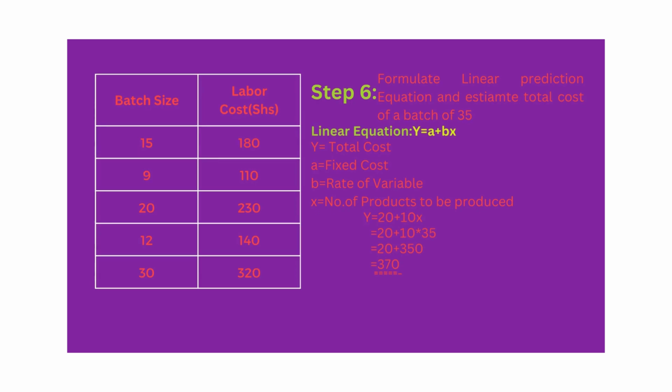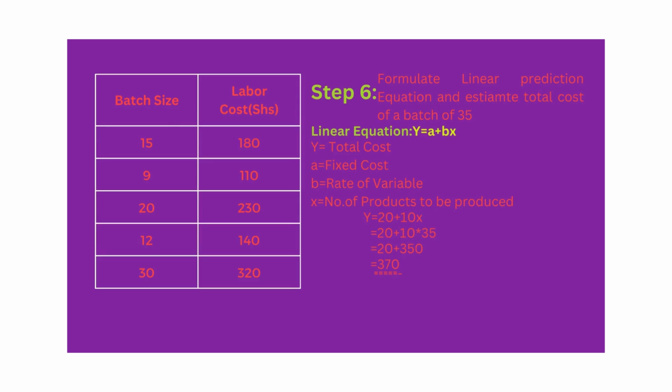So 10 multiplied by 35 is 350. So 20 plus 350 gives us 370. Now 370 is the total cost to produce a batch of 35.